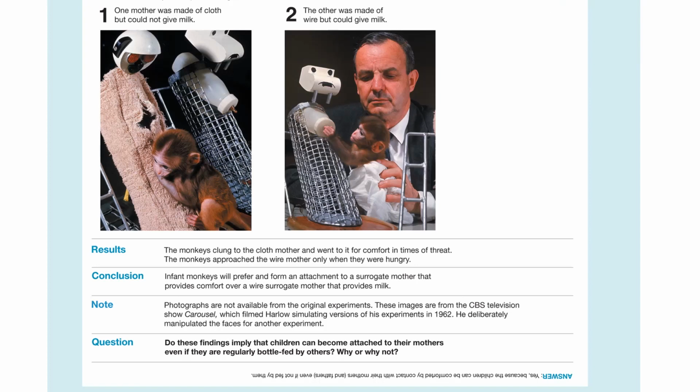feeding itself. So, the question at the bottom is: do these findings imply that children can become attached to their mothers, even if they are regularly bottle fed by others? And certainly, the answer is yes. A mother does not have to be the one that feeds the infant in order to become attached to it.